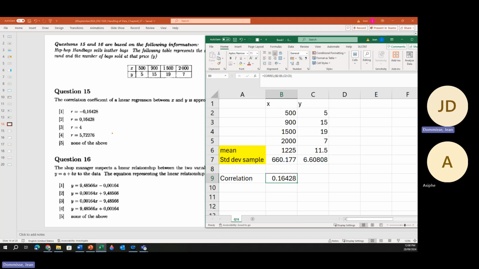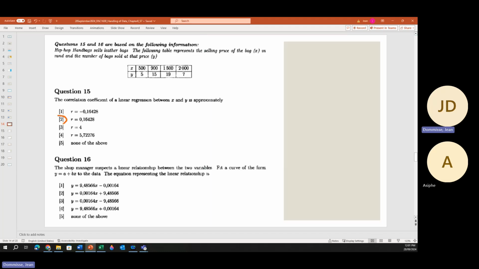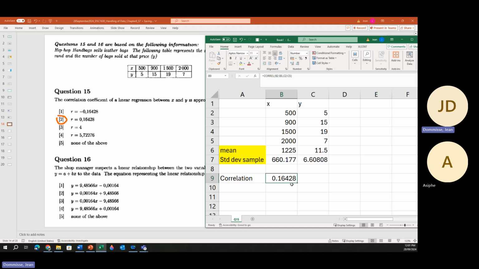Let's round it off. They've rounded it off to 5 decimals, so let's keep it at 5. You can see the correlation is positive 0.16428. So for that first one, that would have been what we are looking for.